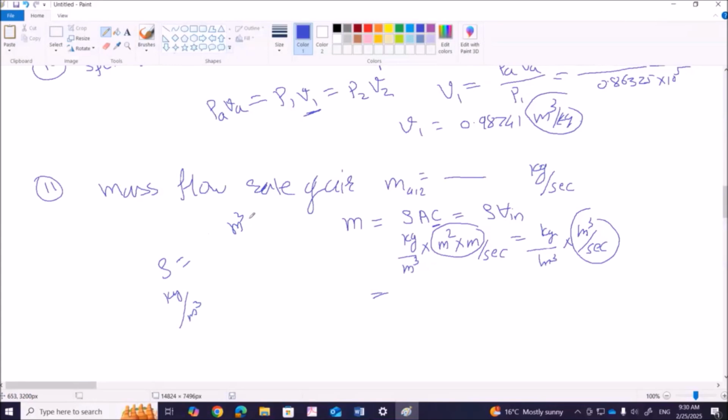If I write meter cube per kg, what is this? Specific volume, V1. When I take the reciprocal of specific volume, I will get density, or if I take the reciprocal of density, I will get specific volume. So this is nothing but 1 by v. So V in by V1, volume flow rate by specific volume, I can find the mass flow rate. What is V in?